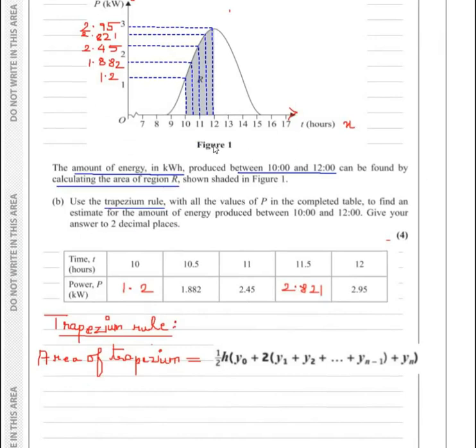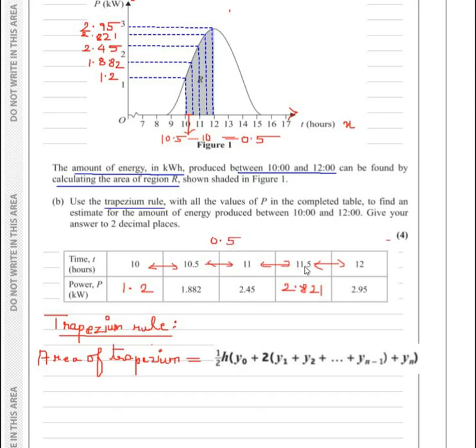h is nothing but the difference between these values. So here you can see between 10 and 11 there is 10.5. So h is nothing but the difference between two consecutive times. So it is 10.5 minus 10, that gives you 0.5. If you take the difference between 11 and 10.5, that also gives you 0.5.